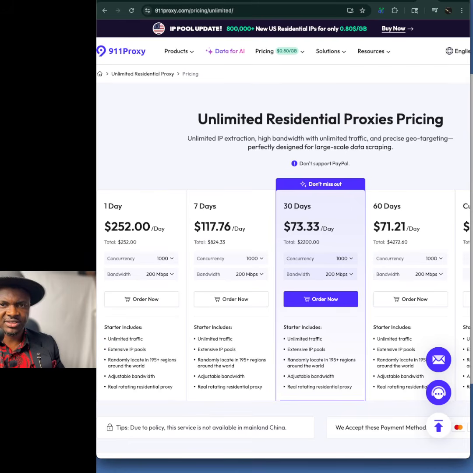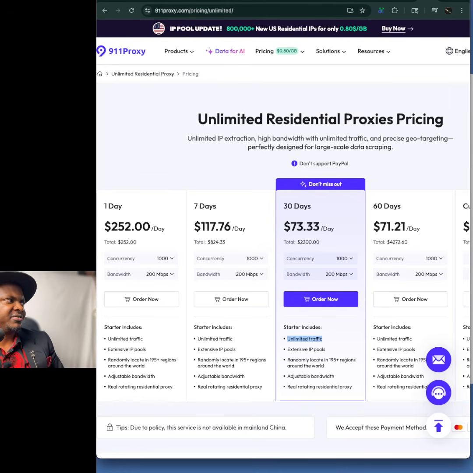Now, me, for example, I love going for the $2,200 package. Why? Unlimited. Now, what do I mean by unlimited? When you look at it over here, usually, because residential proxies are usually the best, they are also quite expensive.